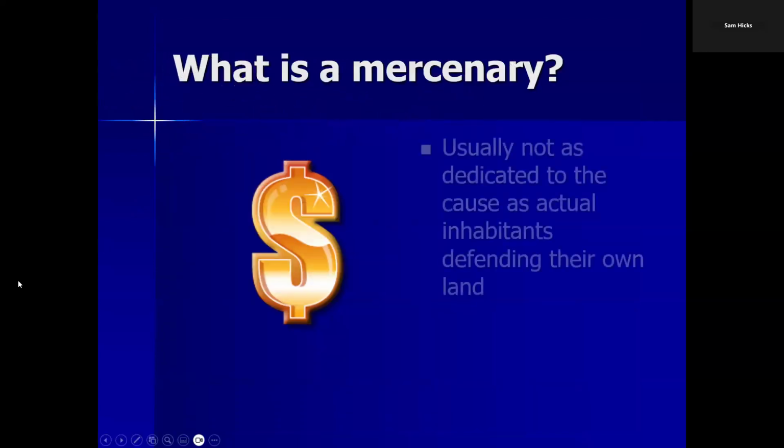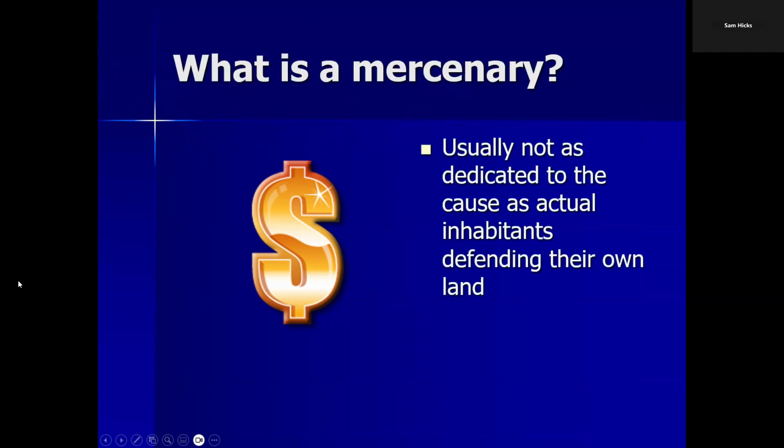So what is a mercenary? It's someone that you pay to take care of a problem, right? To come and fight. They're usually not as dedicated because they don't live there. It doesn't matter to them who wins or not.